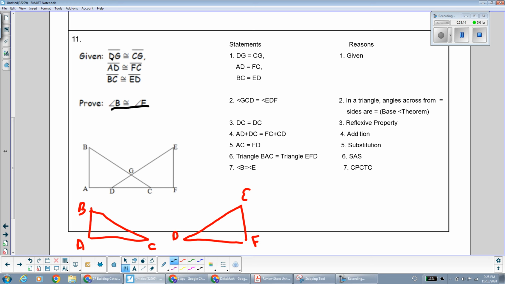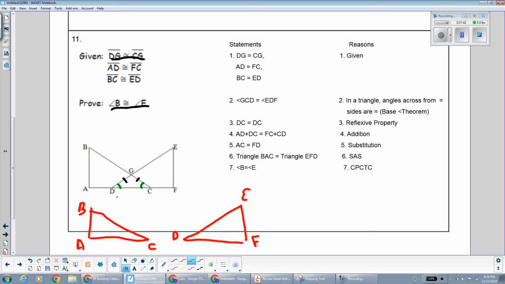So first we have that DG is congruent to CG. That is not visible on the separated triangles. So if I look at the original diagram, I notice that this inner triangle formed by the overlap of the two larger triangles has two equal sides. And that means it has two equal angles.